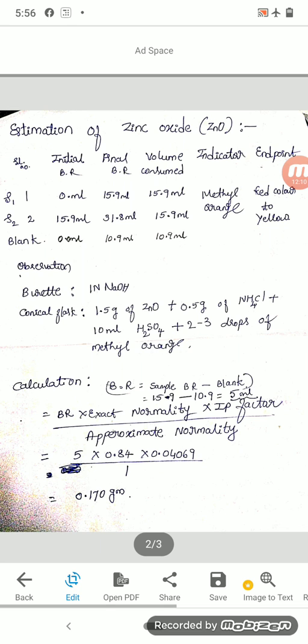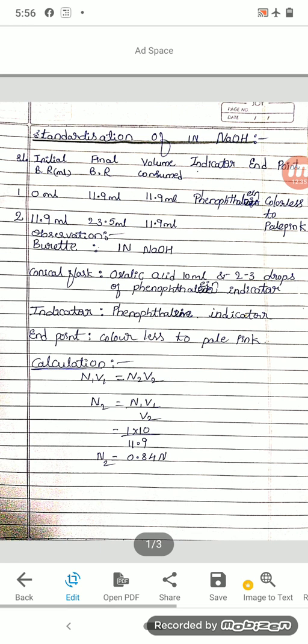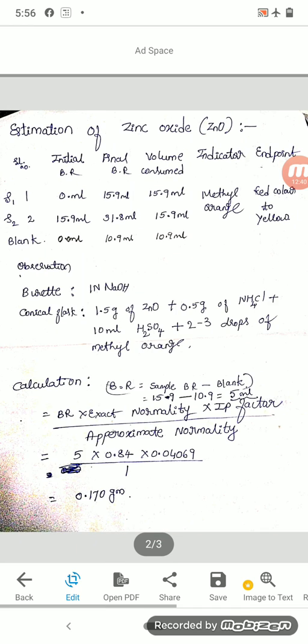You have to enter all the data in this formula: burette reading into exact normality into IP factor, whole divided by the approximate normality. The exact normality is what you have taken and calculated in the standardization, that is 0.84 normality.